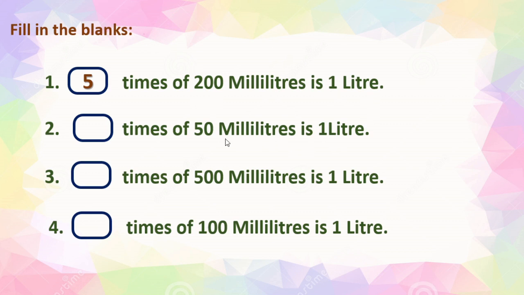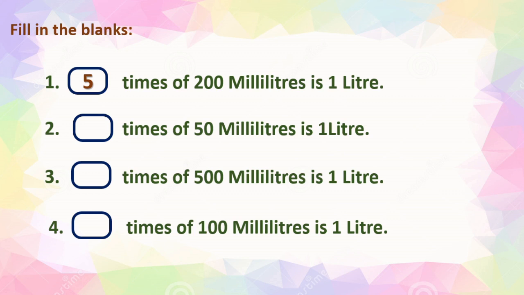Isn't it? Now we have the measuring jar of 50 milliliters and we want 1 liter. How many times we have to measure the 50 milliliter so that we will get 1 liter? 50 milliliter one time, 50 milliliter two times, means that became 100 milliliters.